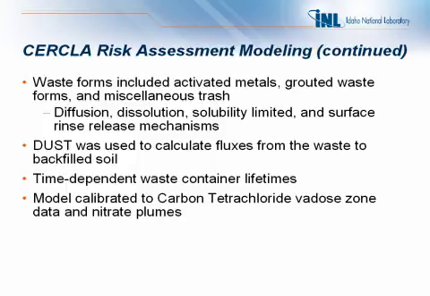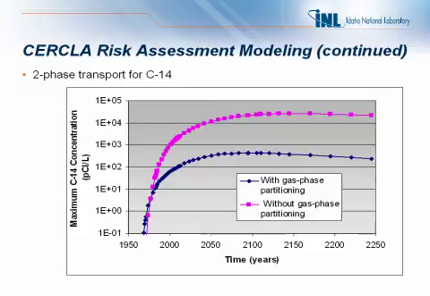This was, actually it's too bad Marty isn't here because this is his favorite example to give about performance assessment modeling. Because in our 94 PA we assumed no partitioning between two-phase transport for carbon-14. So in this particular application we did, because it was one of our primary dose drivers, and that is carbon-14 partitioning into CO2, migrating to the surface, it's gone, and a fraction of it going down with the pore water into the aquifer.